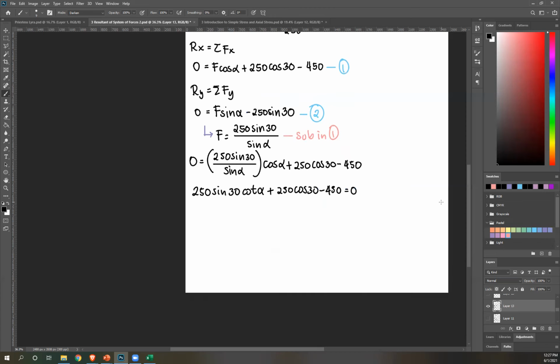And from this, I can solve for alpha. Can anybody solve what's alpha? Okay, let me write it out.